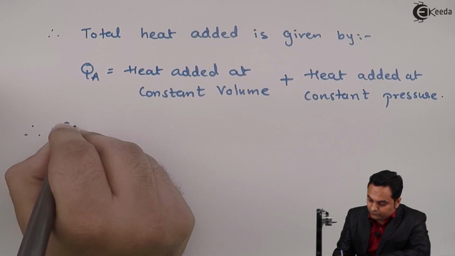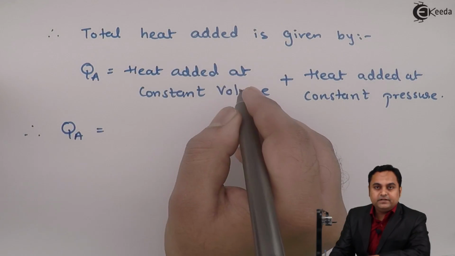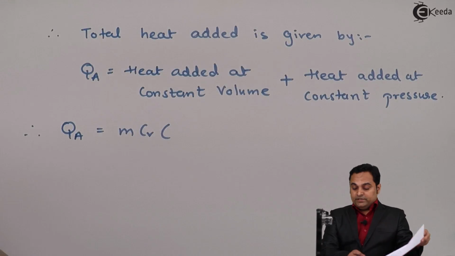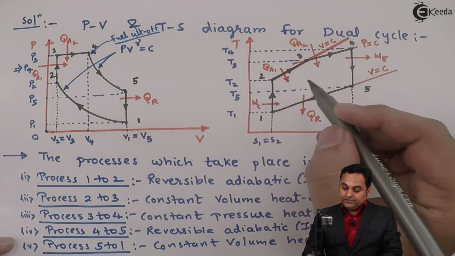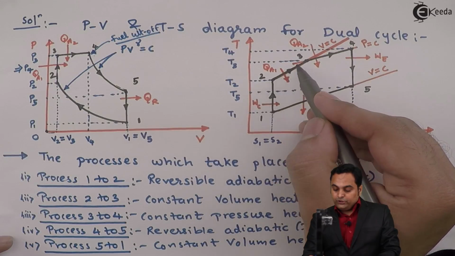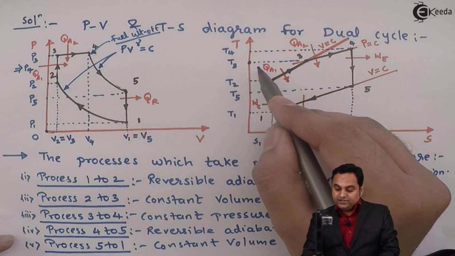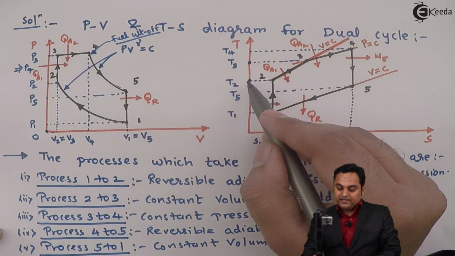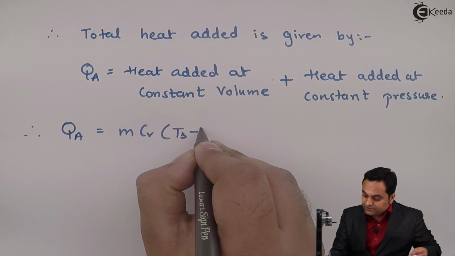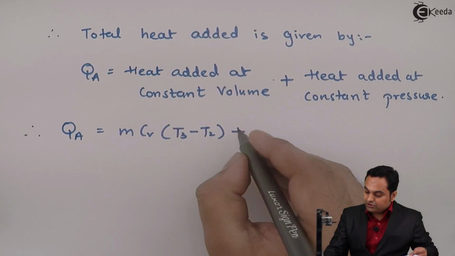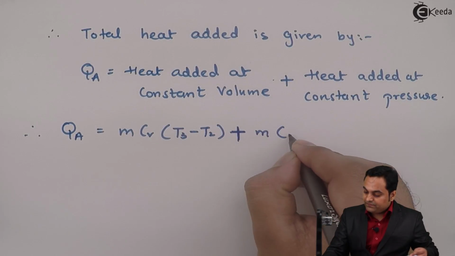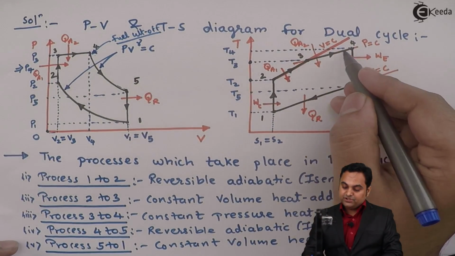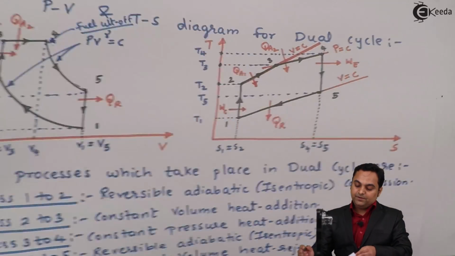So therefore Q suffix A will be equal to, the heat added at constant volume is m Cv into temperature change, and during the constant volume heat addition, temperature increases from point 2 to 3. So highest temperature is T3 and the minimum temperature is T2. So T3 minus T2 is the temperature difference for constant volume heat addition. For constant pressure heat addition, it is m Cp, specific heat at constant pressure, into the temperature change from 3 to 4. So T4 minus T3.